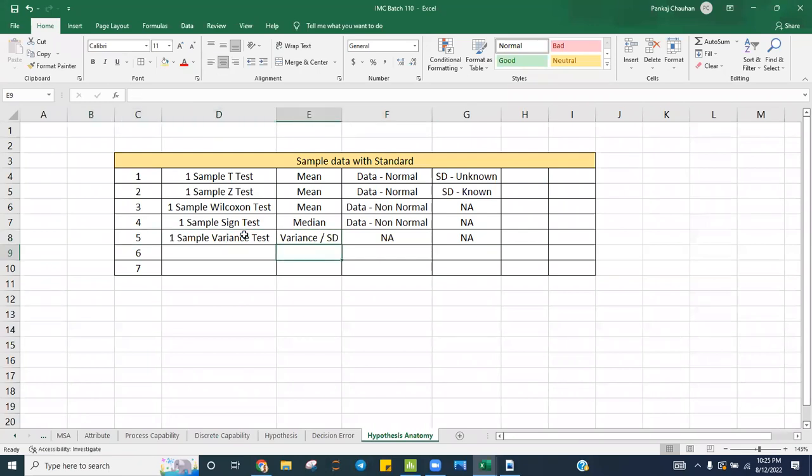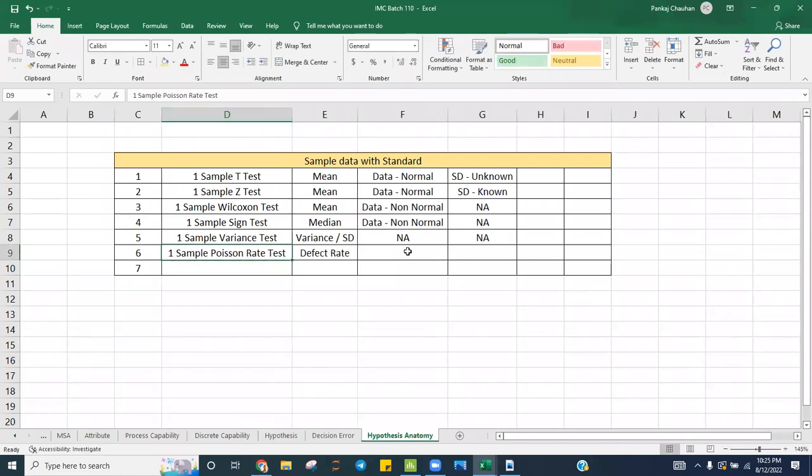In case you want to compare the defect rate on a scale of 0 to 1, then we use one sample Poisson rate test. Again, your sample data distribution or the standard deviation is not applicable.